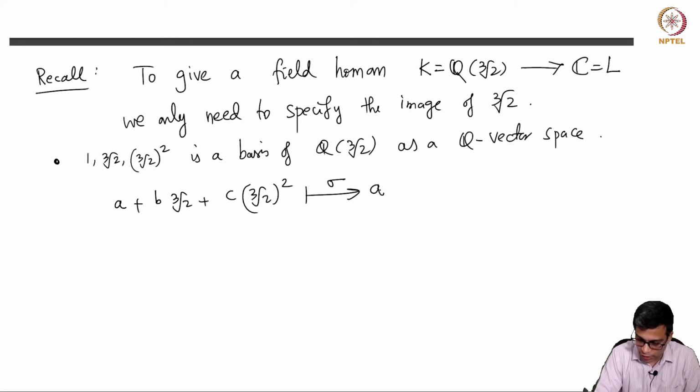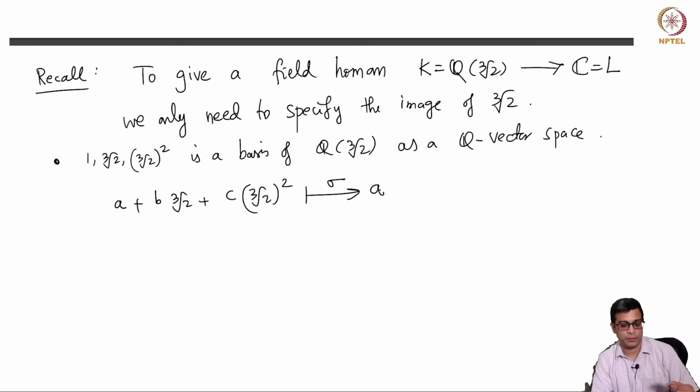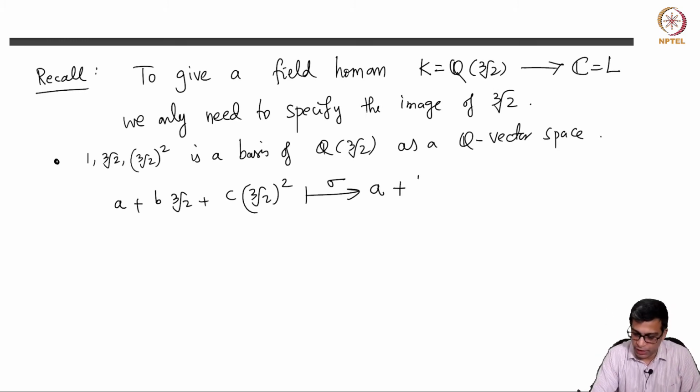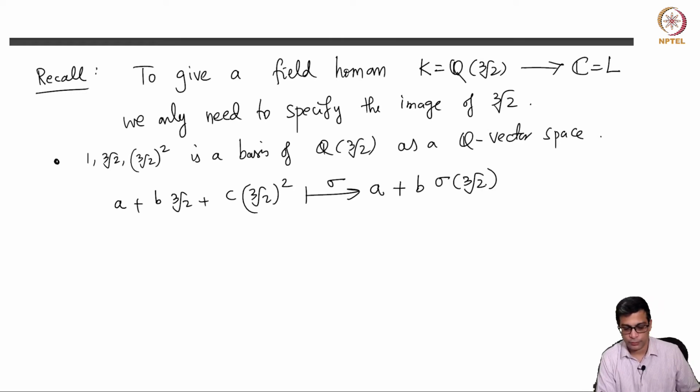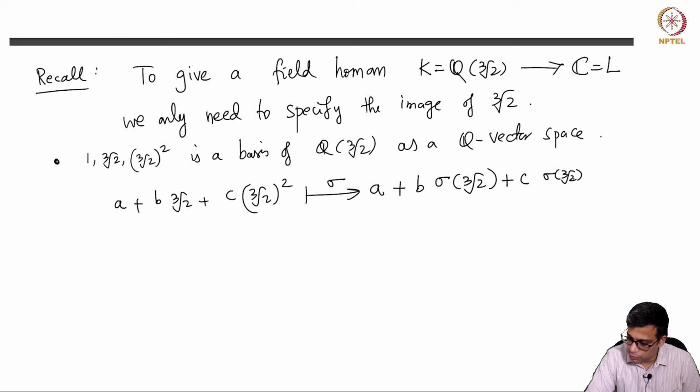A has to go to A because any field homomorphism of an extension of Q must fix Q. B cube root of 2 must go to B times sigma of cube root of 2, because sigma of B times cube root of 2 is sigma of B times sigma of cube root of 2, but sigma of B is B. And finally the last term will go to c times sigma of cube root of 2 whole square because of the field homomorphism property.